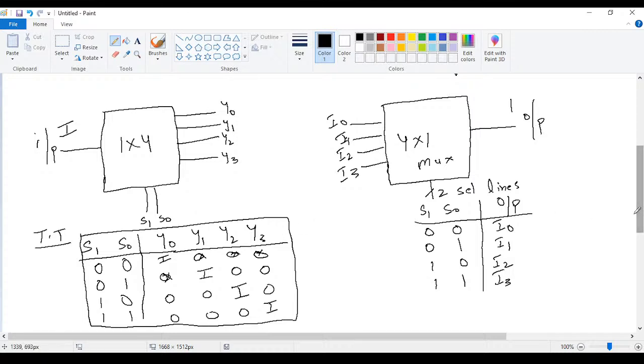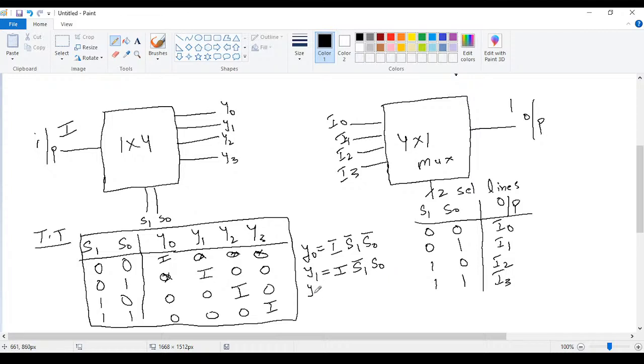How to draw the circuit diagram? Here we have Y0 equal to what? Y0 is equal to I when S1 and S0 are 0 0, that means S1 bar, S0 bar. Y1 equals I, I is common, when S1 is 0 and S0 is 1.